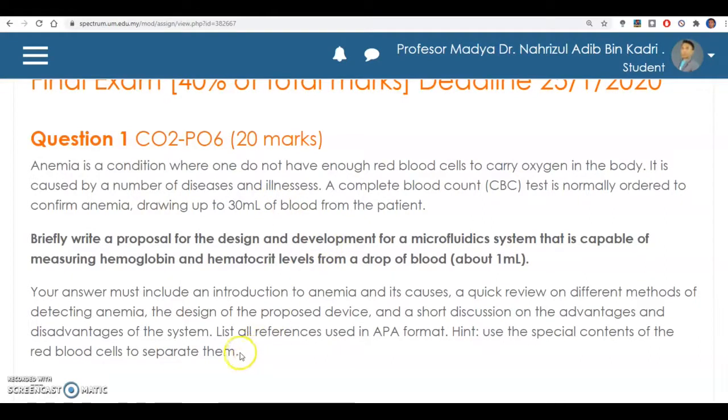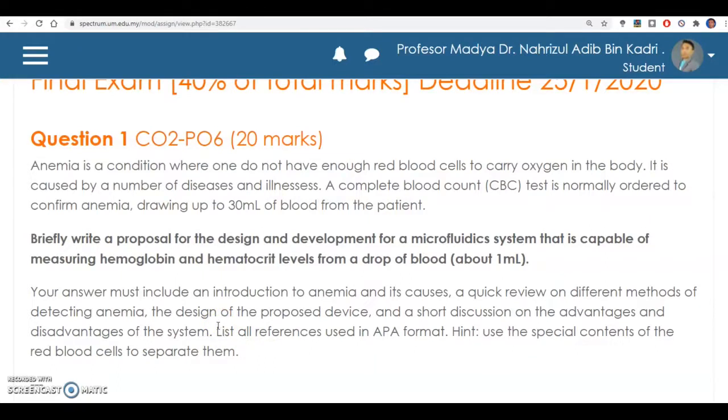So irons are attracted to what? To magnets. Okay, so what I'm asking of you is for you to design something using magnets to direct the flow of the hemoglobin so that you can manipulate single red blood cells, and for you to detect whether it has anemia or not.